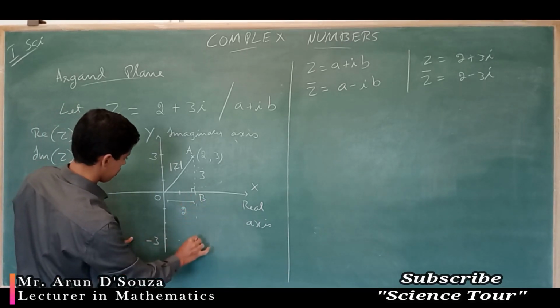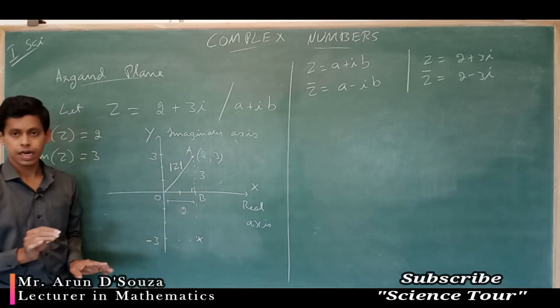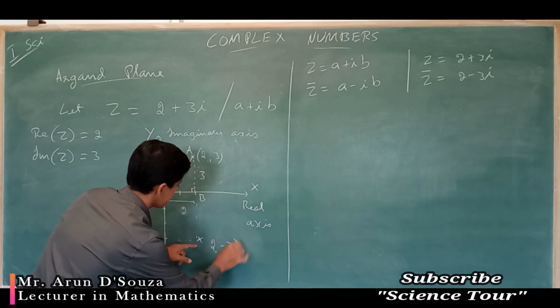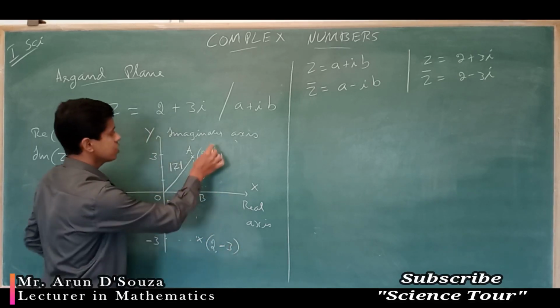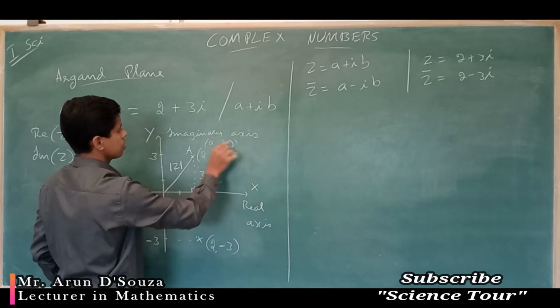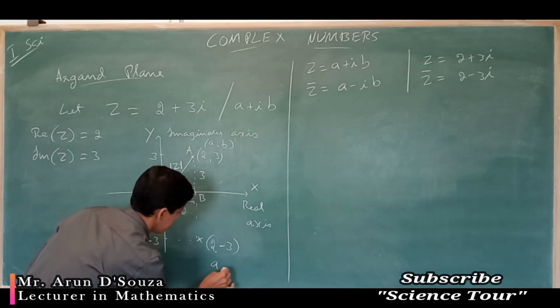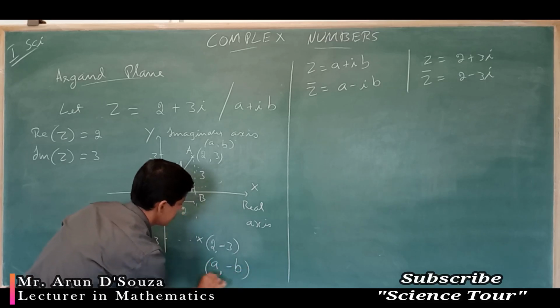So I have to plot here. So this point is (2, -3). So if this is (a, b), then this point will be (a, -b).